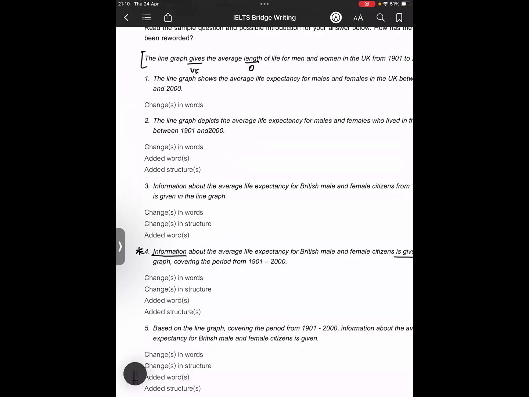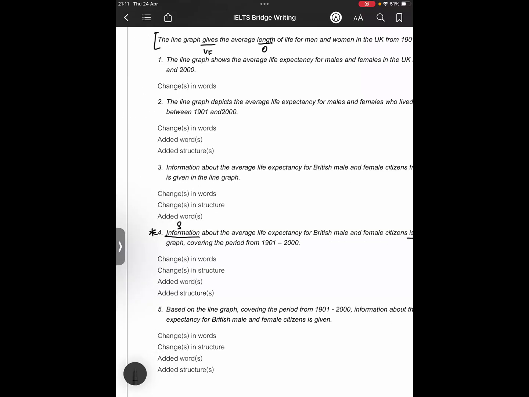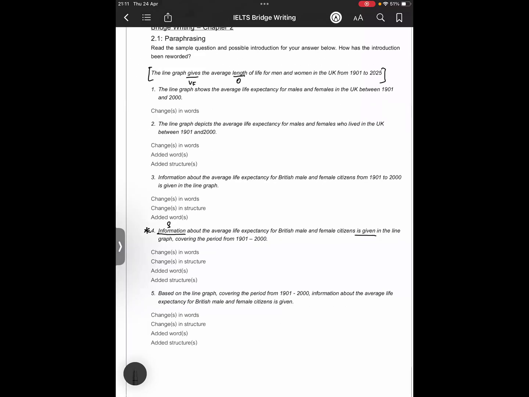Well, we use this word as a subject so that we don't have to worry so much about changing the verb form to match the subject, because in case the subject is plural, then we need to change the singular verb here to a plural verb. We don't want to bother with that. So we're going to use information as our fixed subject, and everything that used to be the object of the word give will simply become the complement.